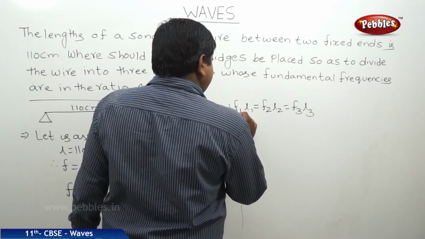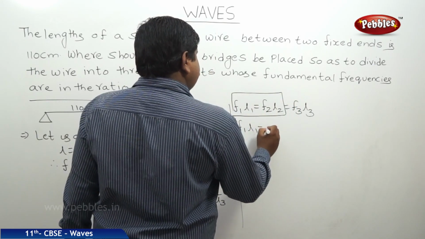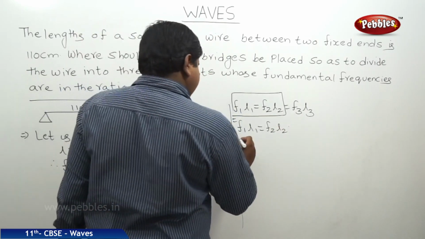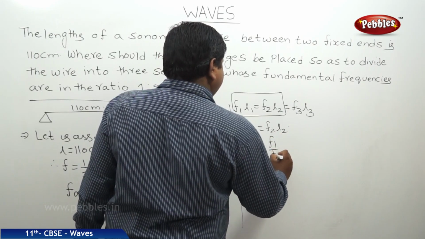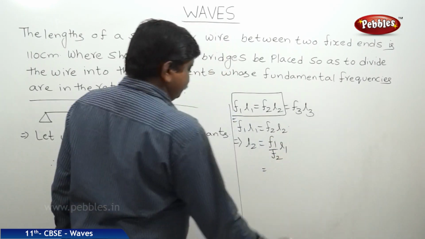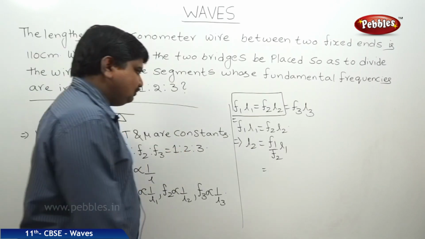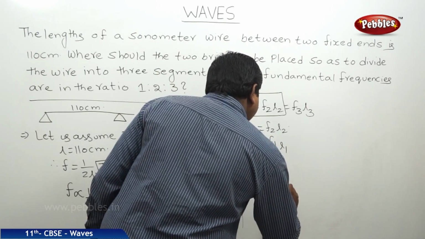Comparing F1 and F2: F1L1 is equal to F2L2. From this, L2 is equal to F1 by F2 into L1. We know that F1 is equal to 1, F2 is equal to 2. Therefore, L2 is equal to L1/2.